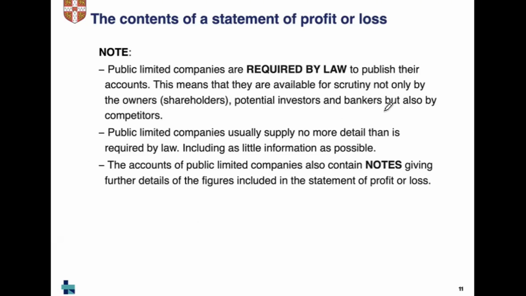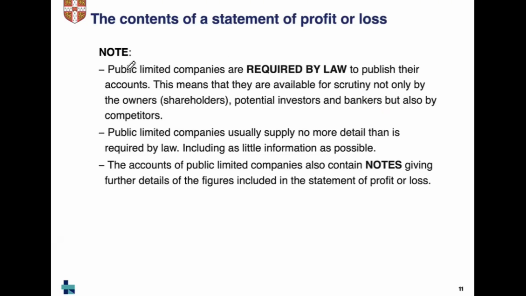So it's like publishing the report of 10th graders who write the IGCSE on a public space, in a public notice, so that everybody can see. Students from other schools are looking at your results because you took a public examination, an external examination, and we want to know whether you did well in that exam or not.